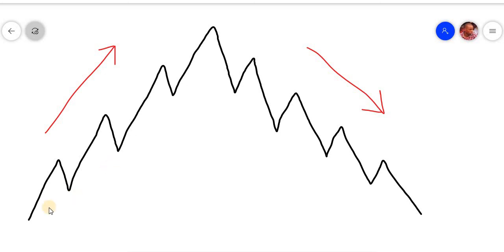Now, in an uptrend we have a high, a low, a higher high, and a higher low. Higher high, higher low. This is a higher high, this is a lower high.